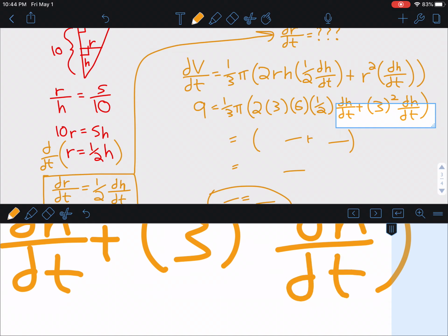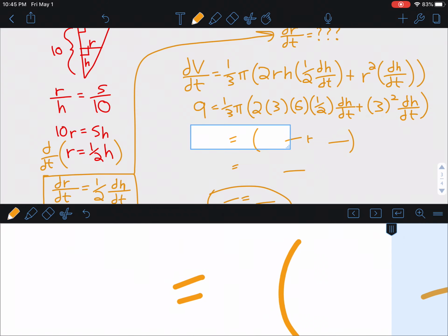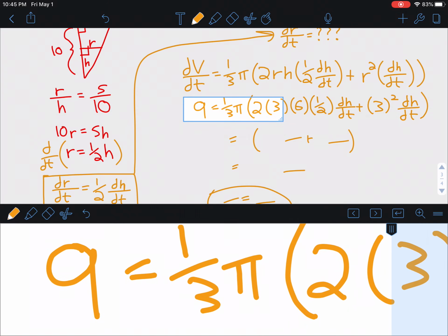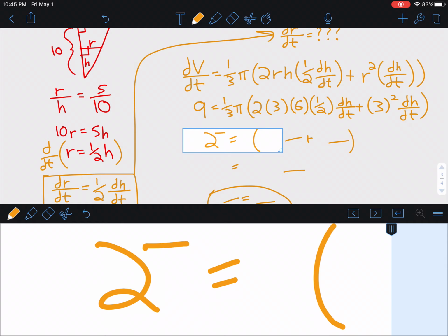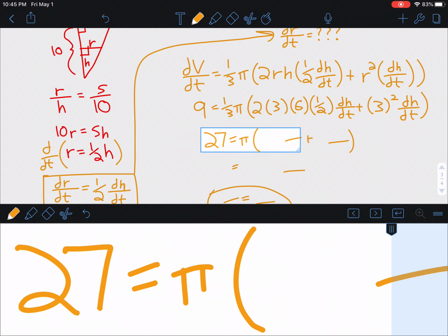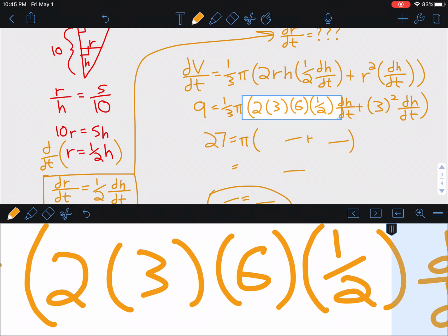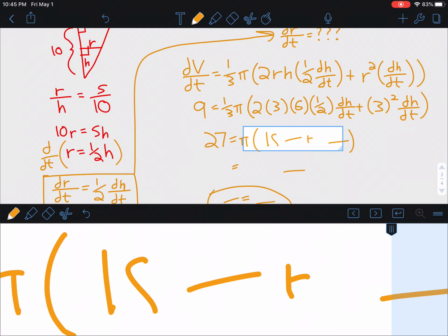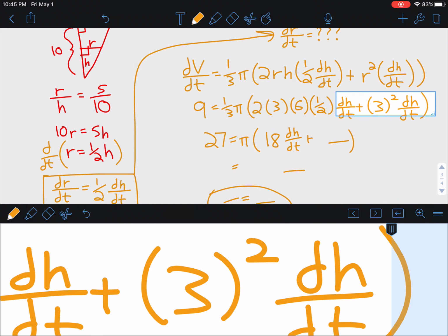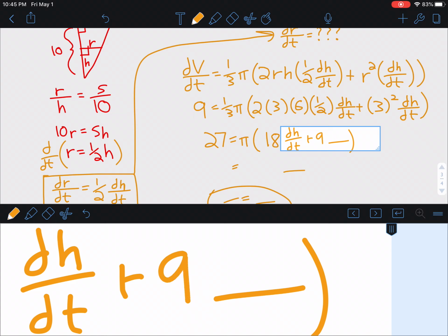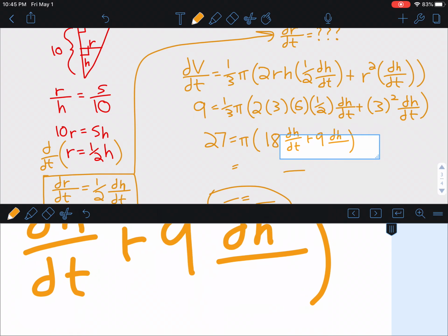And now it's just a matter of combining my dh dt's. One thing I'm going to do real quick, I'm going to multiply a 3 over to the other side to get rid of that fraction, so I get 27 equals pi. And now 2 times 3 is 6, times 6 is 36, half of which is 18 dh dt. 3 squared is 9 dh dt.